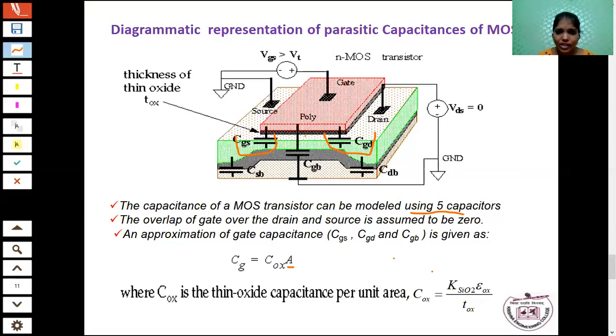There is an overlap between this highly doped N region and the gate. Similarly, here also there is an overlap between these two regions. That is called the parasitic region. Here we assume the overlap of the gate over the drain and source to be 0. So we are going to calculate only 3 different capacitances: CGS, CGD, CGB.